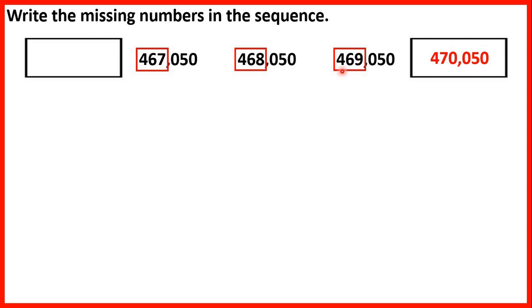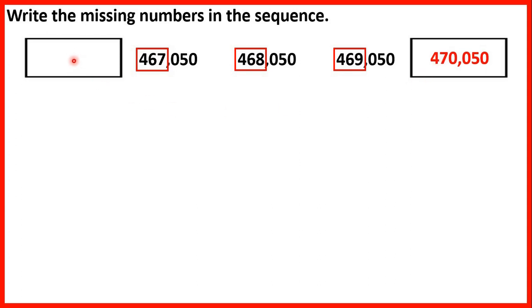So that means the number after 469,050 is 470,050, because the 050 stays the same. It's only the digits that we've highlighted that change. And we can see that with this sequence, we're adding 1,000 each time.